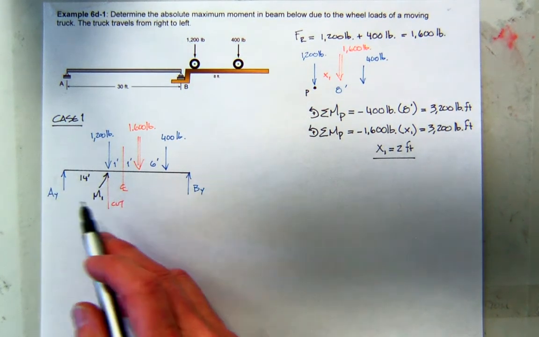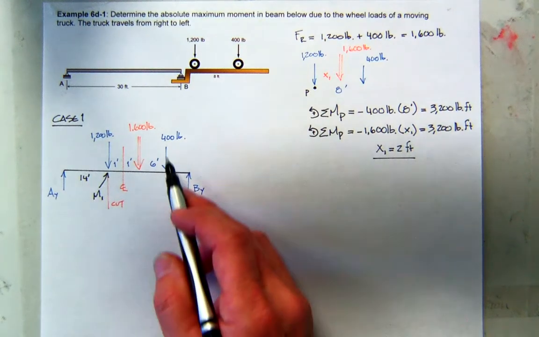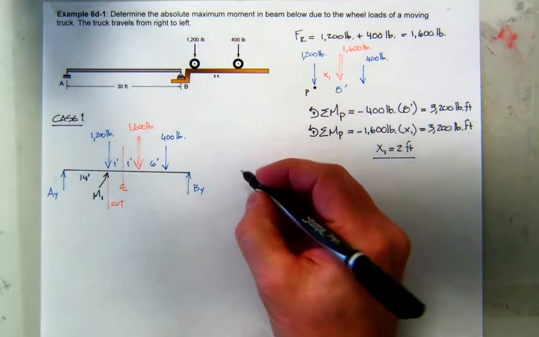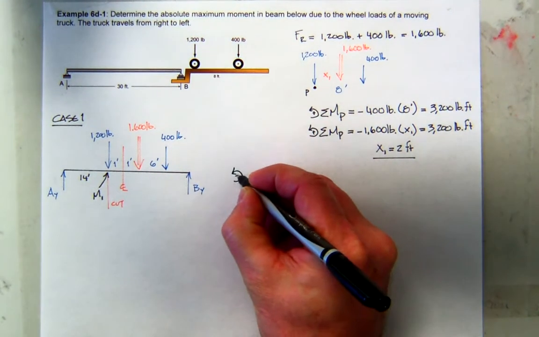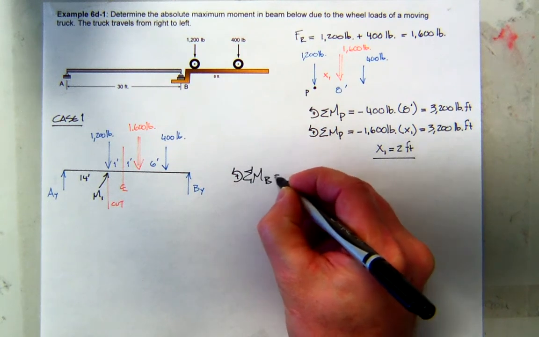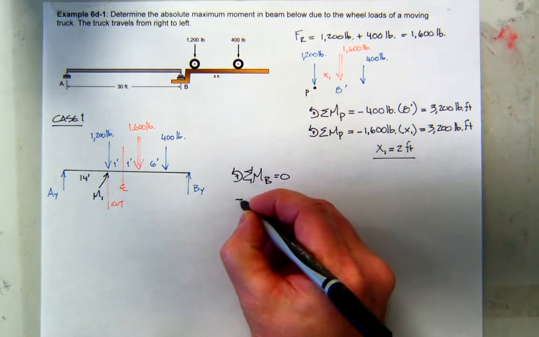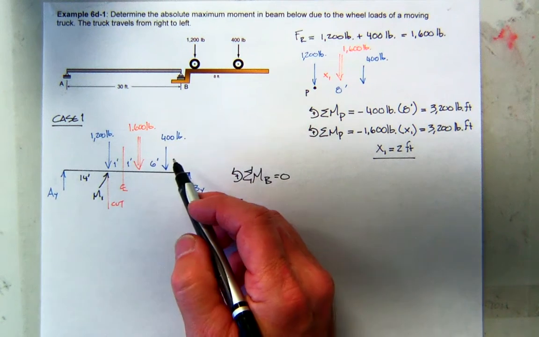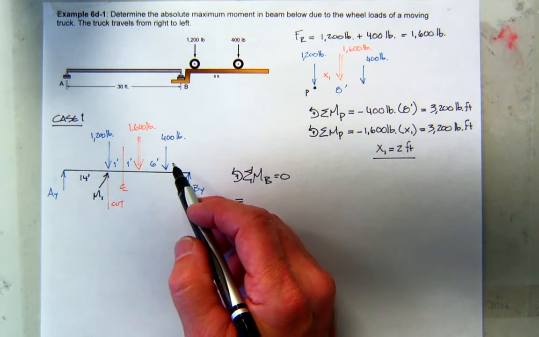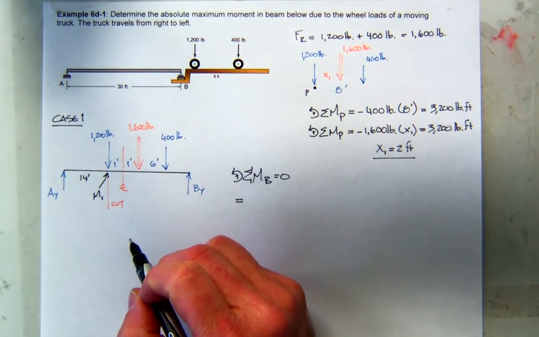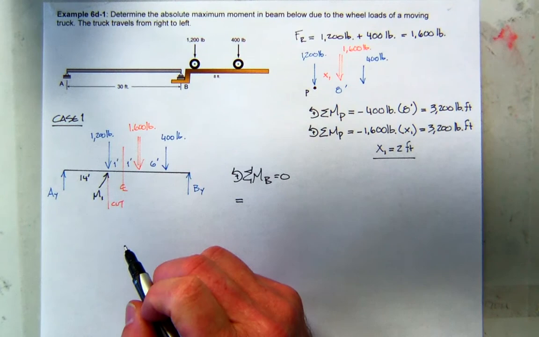How do I find AY for this structure? Sum the moments at B. So I'm going to sum the moments at B and make sure it's in equilibrium. And when I do that, I now can decide to use the real force system or the equivalent system. I like the equivalent system because it's just one force.